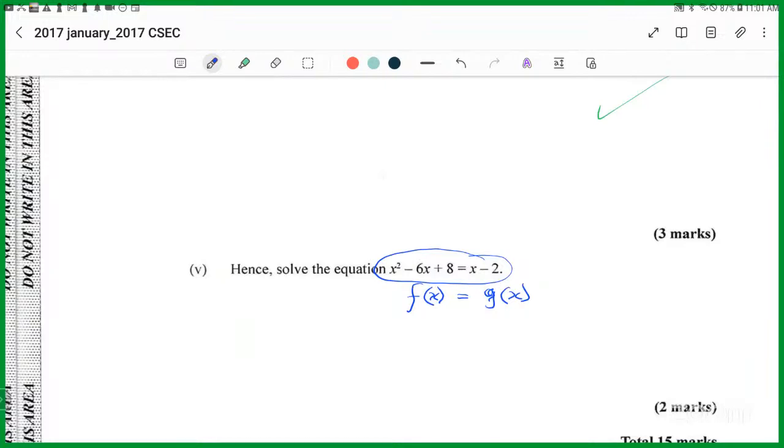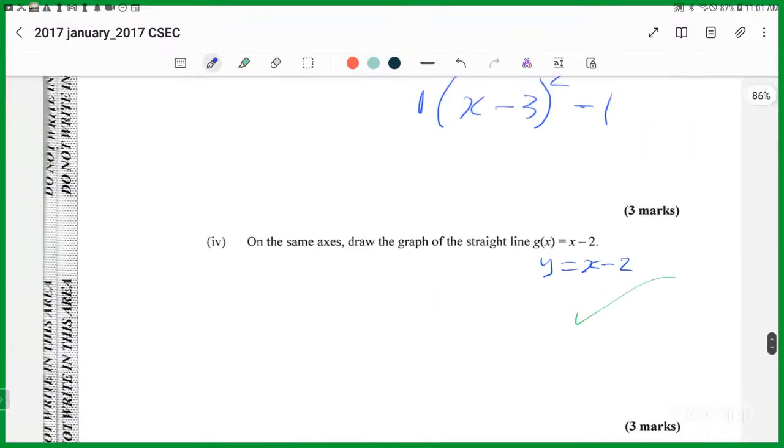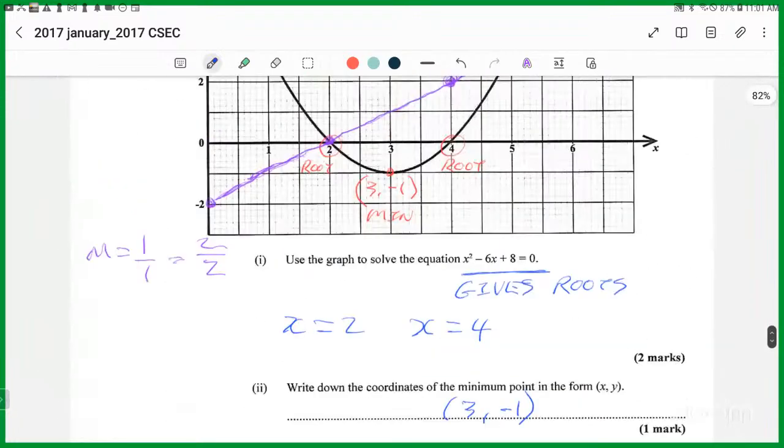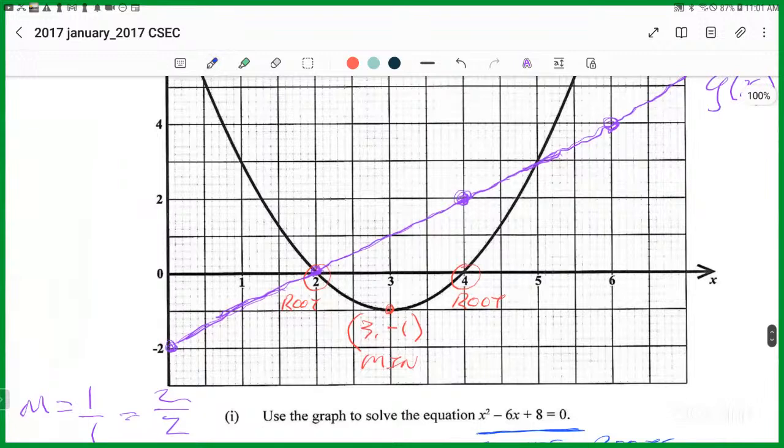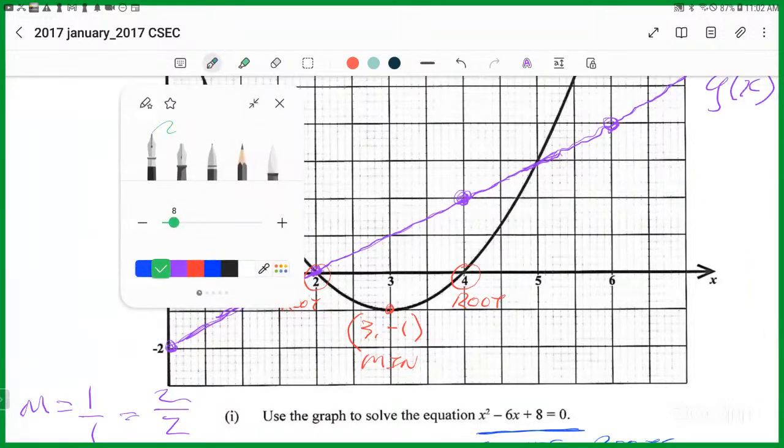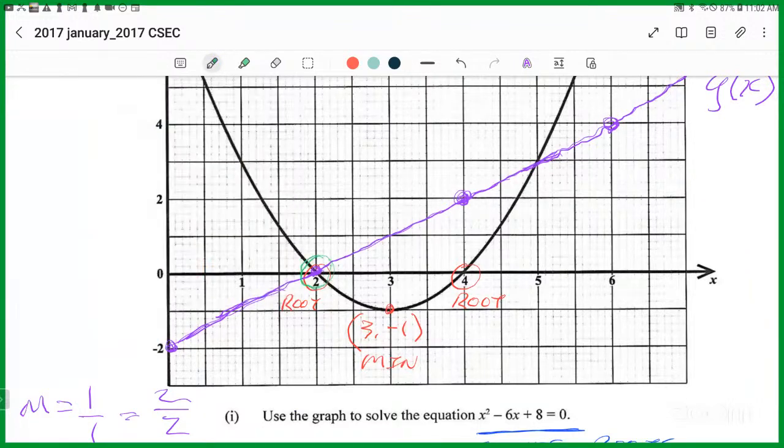So you're really trying to find the x values where the 2 graphs intersect, which are at those 2 points, right? These 2 points that I've circled in green right here. This one and this one. That's where f of x equals g of x.